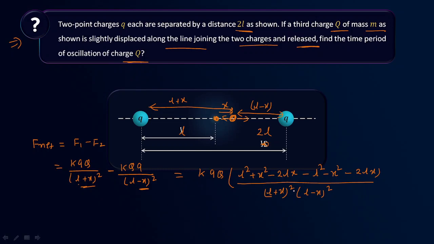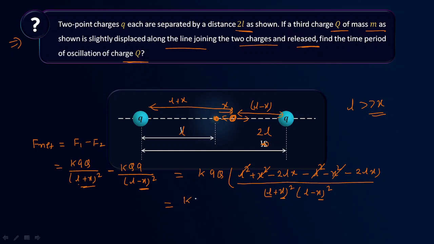Yes or no? Now here see, the L square and x square terms we can cancel. Now we know that L is very large compared to x, so in this case x we can neglect. So the denominator will become L square into L square, L to the power 4.